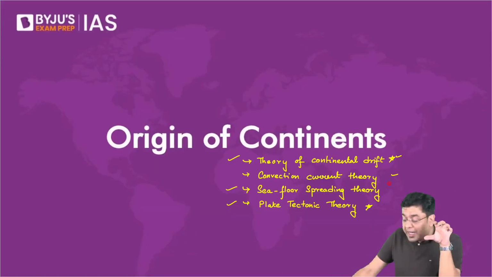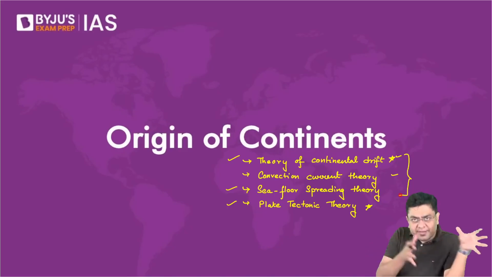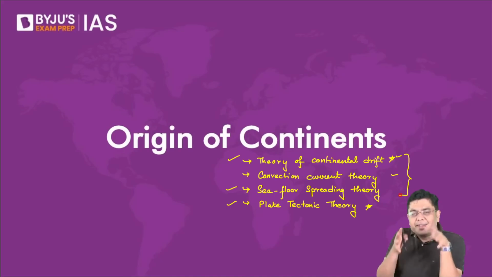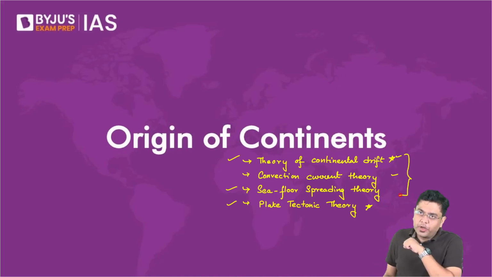So, all these three theories that we are going to study are going to be a precursor, a kind of introduction for us, which will lead us into the portion of plate tectonics. Okay, so this is relevant both for your prelims.